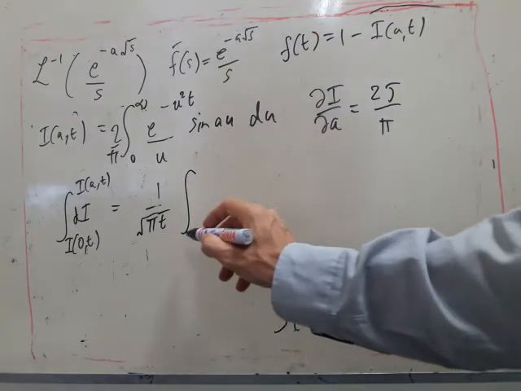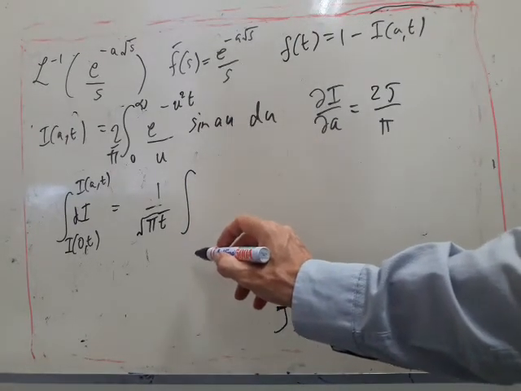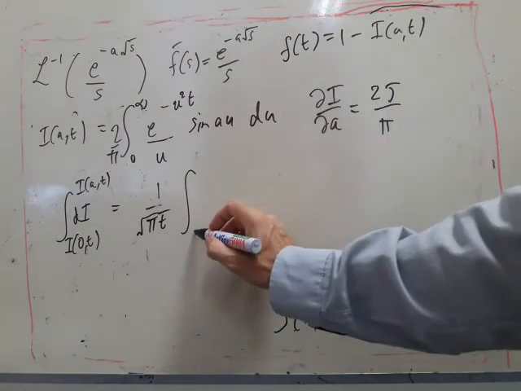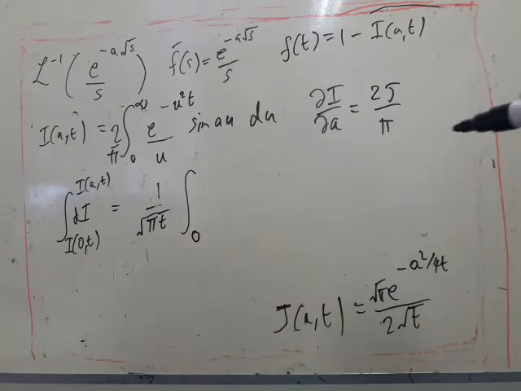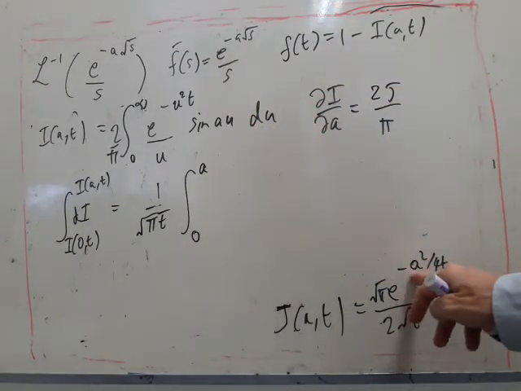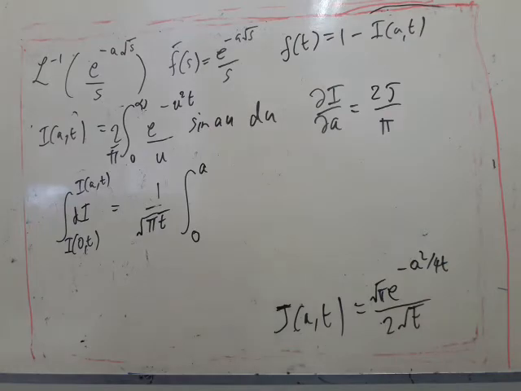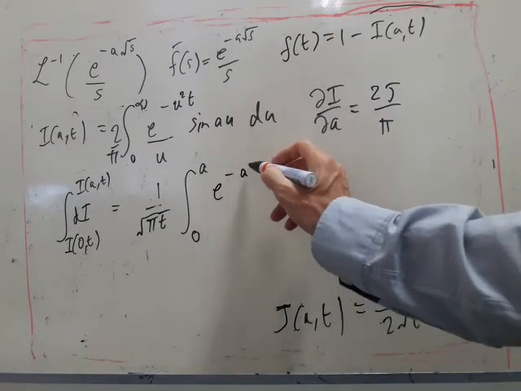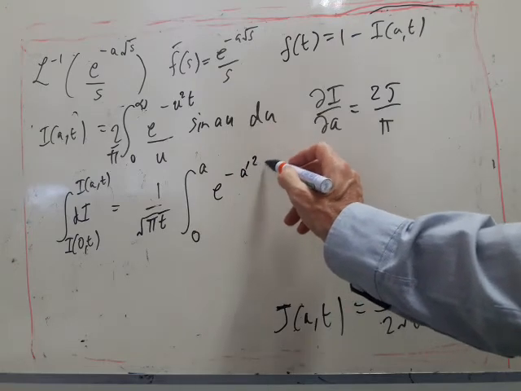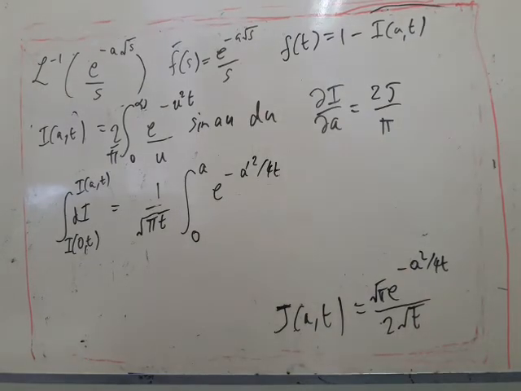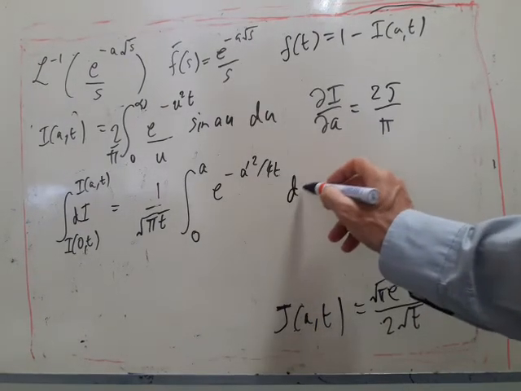So I then have the integral from a equals 0 to a, and I have to relabel my a here, so I call it a dashed or something. So it's minus a dashed squared, okay. And that's all I have, okay. And dA dashed.